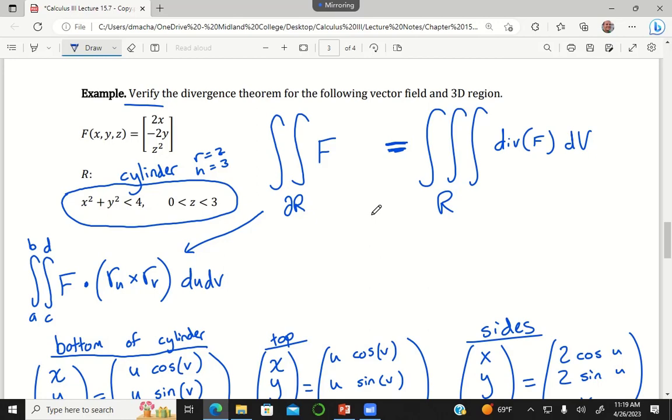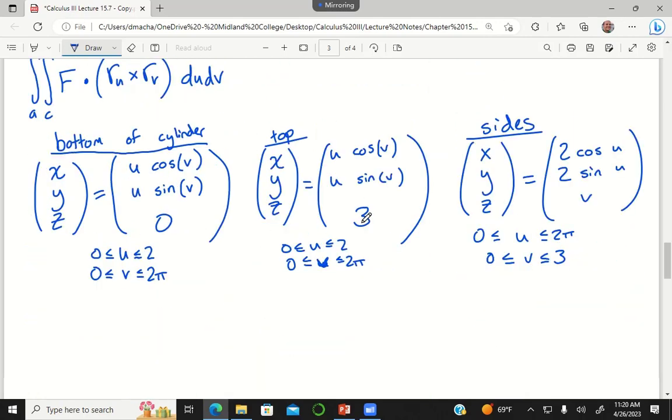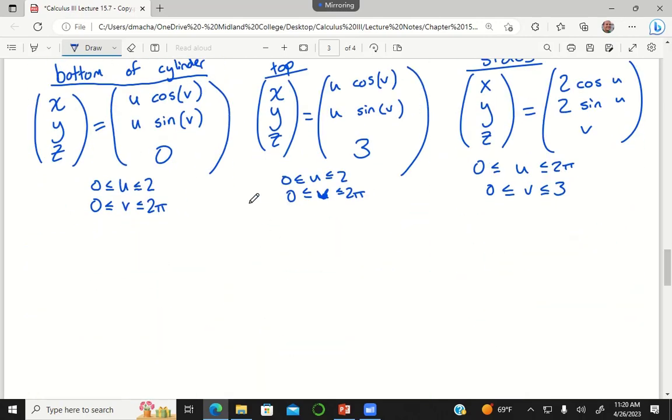And so the idea of the divergence theorem is saying if you wanted to calculate the surface integral over this vector field, you could instead do this triple integral. And we're going to do this later, but we're going to find out here in a minute that this triple integral is really, really easy. It's just stupid easy to do, but it's a huge pain in the butt to do the surface integral. So anyways, we're doing the hard part first, and the fact that there's a hard part and an easy part, that is the whole reason why the divergence theorem is useful.